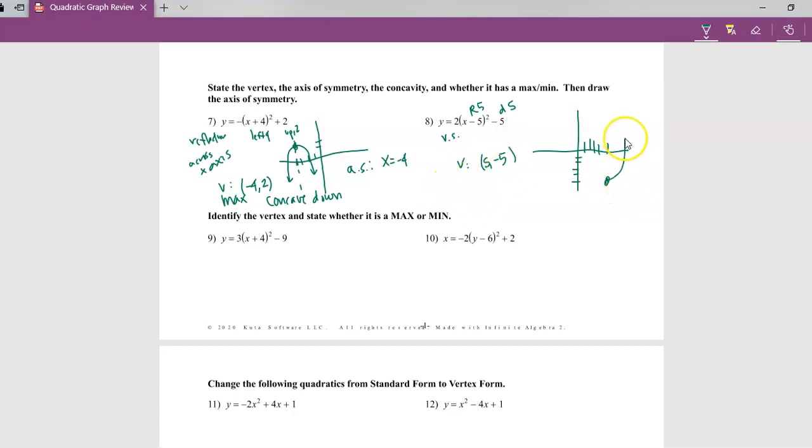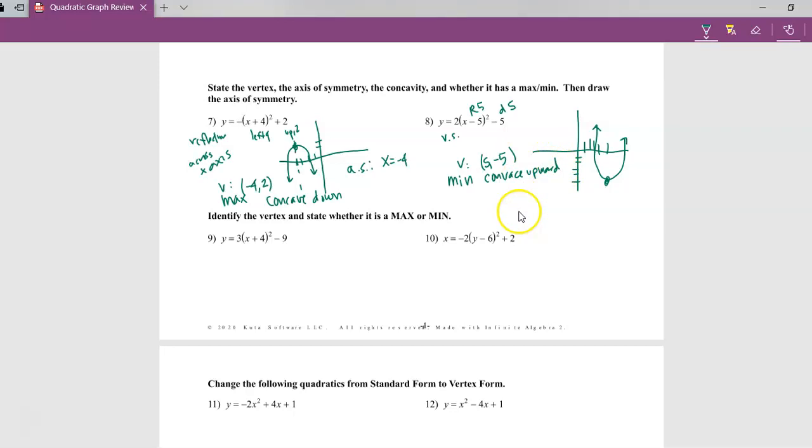This one is positive out front, so it's going to open upward. The stretch is going to make it a little taller and skinnier. I probably should have accentuated that a little bit more, but that's okay. The vertex is a min, that is concave up, or the parabola is concave upward.